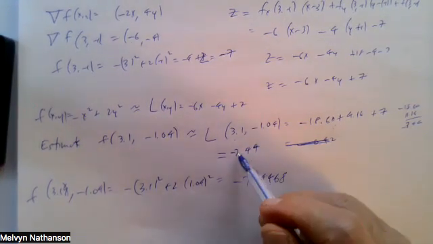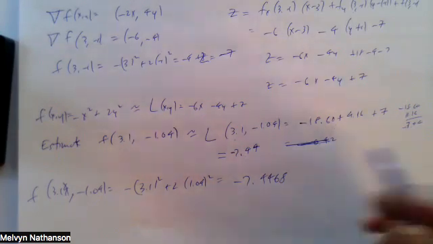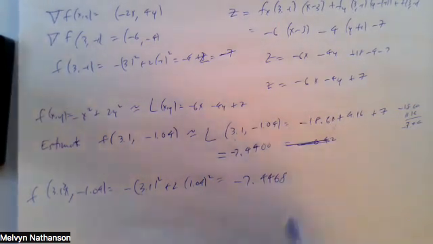And my approximation was minus 7.4400. So that's not bad. That is a respectable approximation.